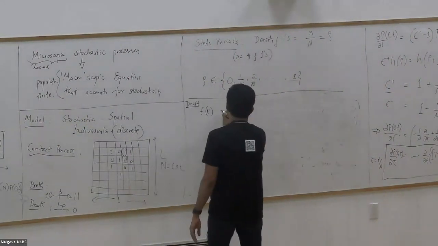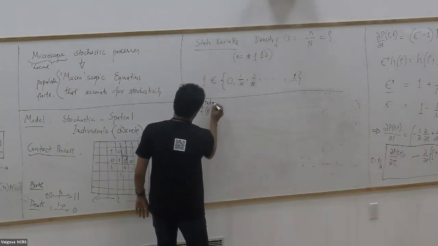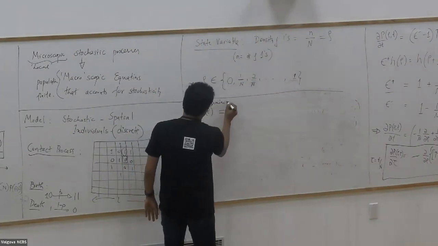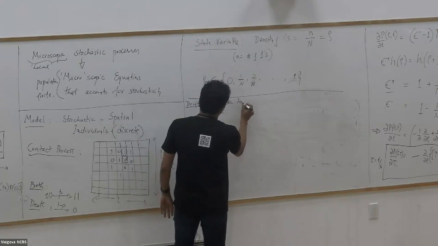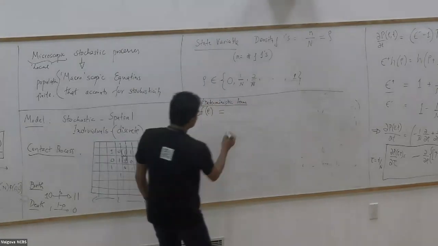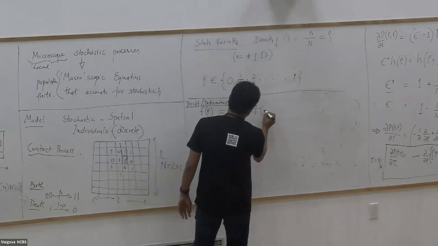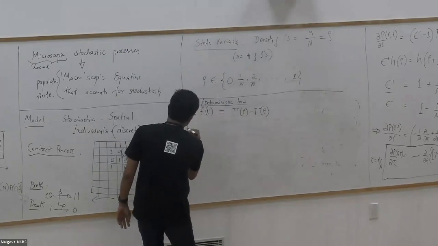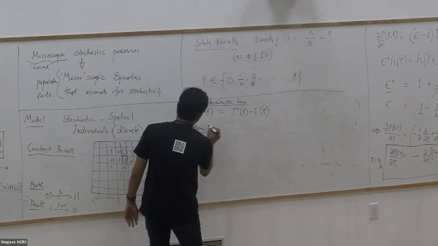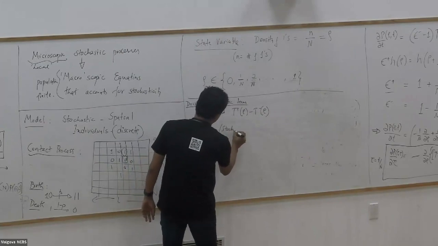So this is called a drift or deterministic term. That's basically t plus of rho minus t minus of rho. And then we have something called a diffusion term, also a stochastic term.